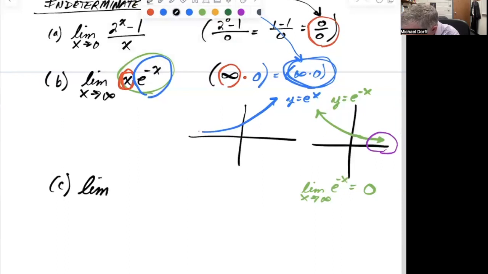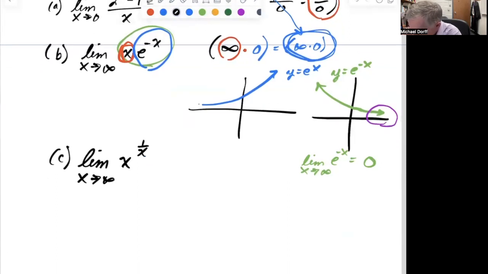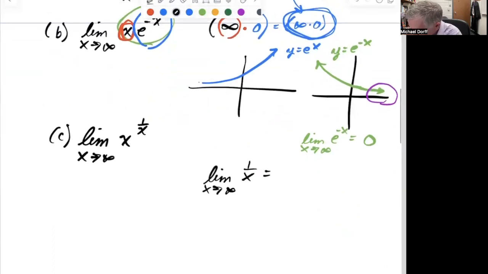Let's suppose I have the limit as x goes to infinity of x to the 1 over x. What's the limit as x goes to infinity of 1 over x? Well, you can think of it a couple ways. That means that the denominator is getting really, really large while the numerator is fixed. And if the denominator is getting larger, then the whole fraction is going to get closer and closer to 0.